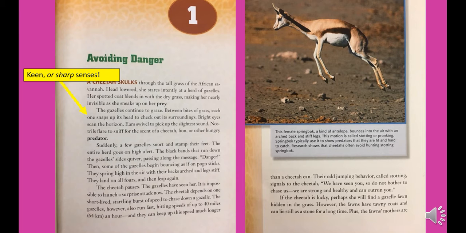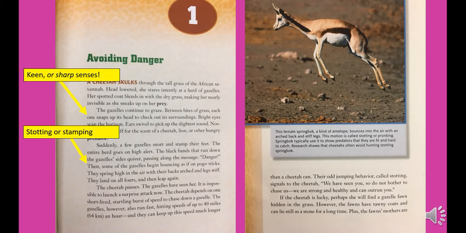Suddenly, a few gazelles snort and stamp their feet. The entire herd goes on high alert. The black bands that run down the gazelle's sides quiver, passing along the message, danger. Then some of the gazelles begin bouncing as if on pogo sticks. They spring high in the air with their backs arched and legs stiff. They land on all fours and then leap again.